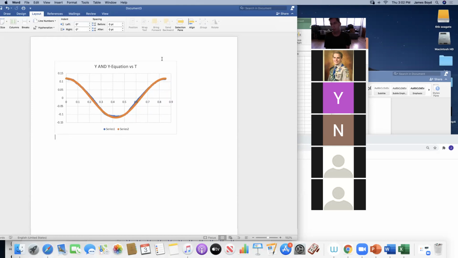And that's the whole point of this whole class, to be honest with you. This whole class was about modeling motion with mathematical equations that are based on physical quantities. The physical quantities here were the amplitude and the period. And it does a pretty good job.